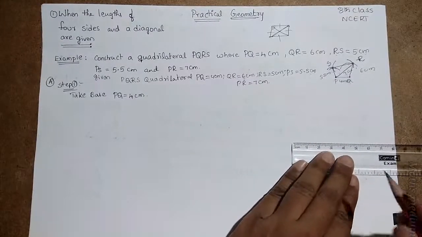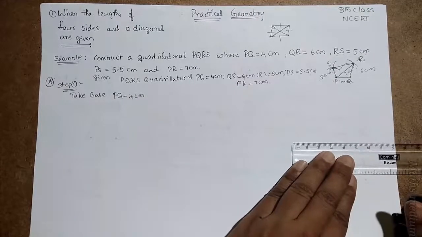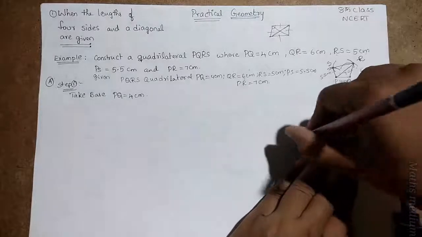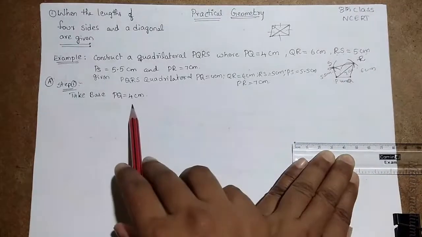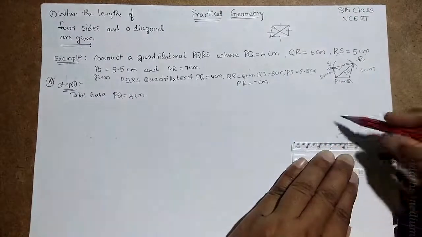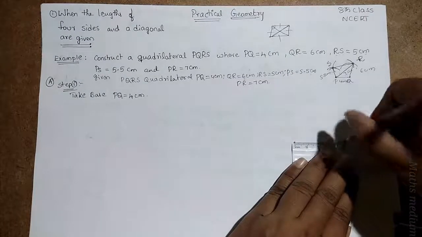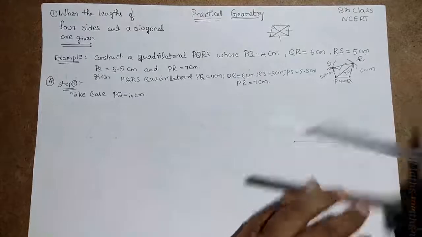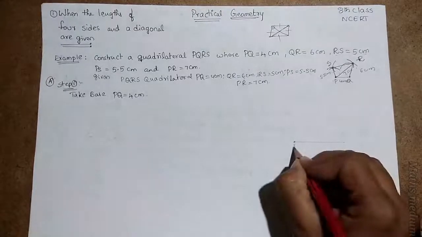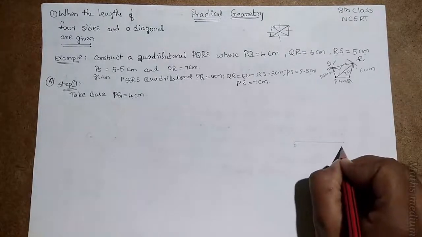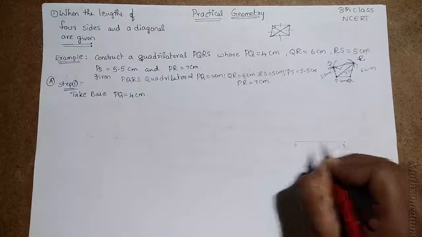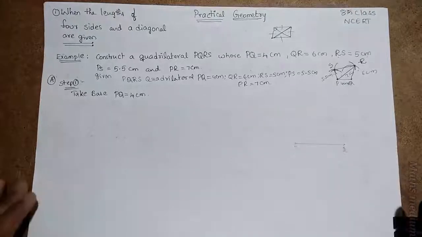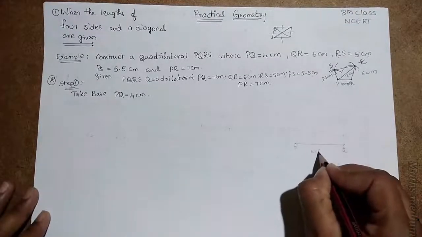Look at the scale and make it straight, put a point at 0, and measure 4 centimeters from this. Now draw a line and name it PQ. This is Q and this is P. I am highlighting the points. Now this is 4 centimeters.